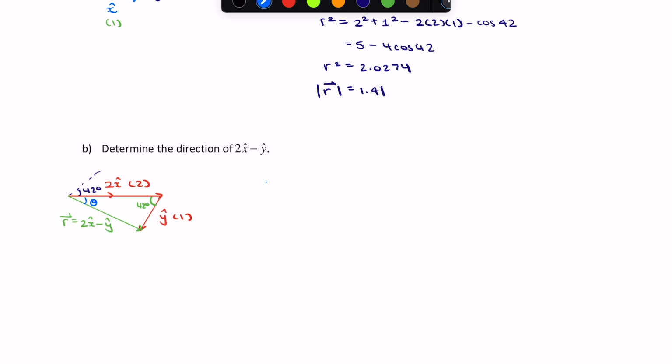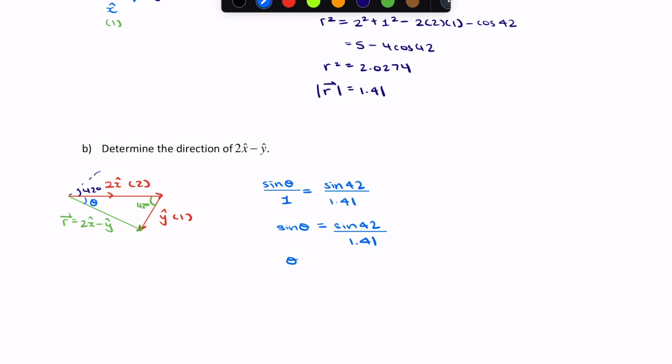Okay, so here we see that sine theta over 1 is equal to sine 42 over the value we just found for our resultant vector, which was 1.41. So here we see that sine theta is equal to sine 42 over 1.41.